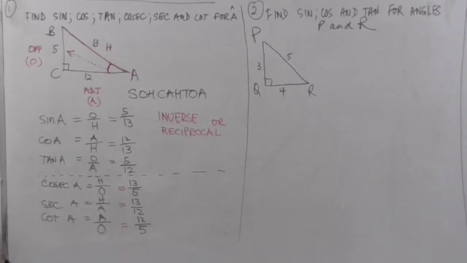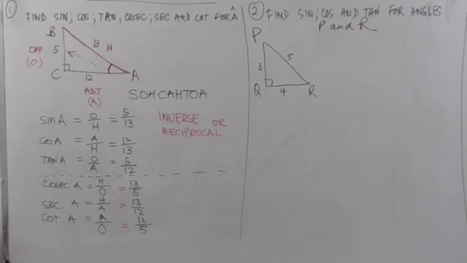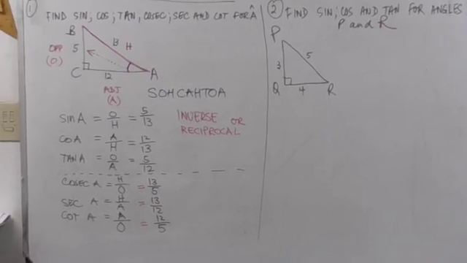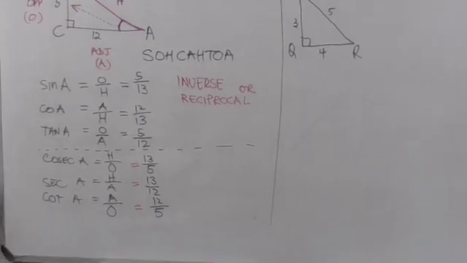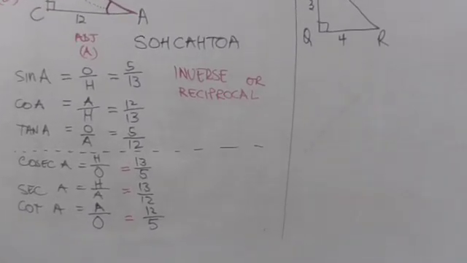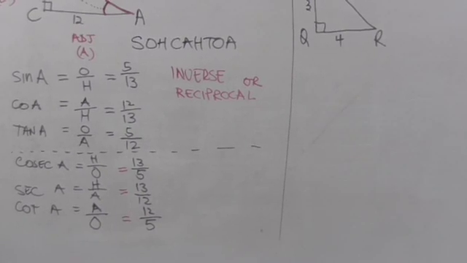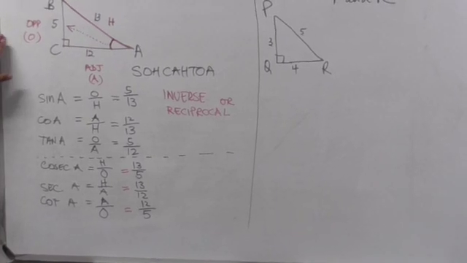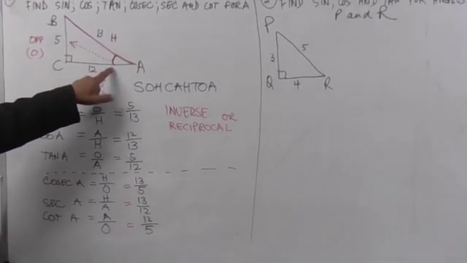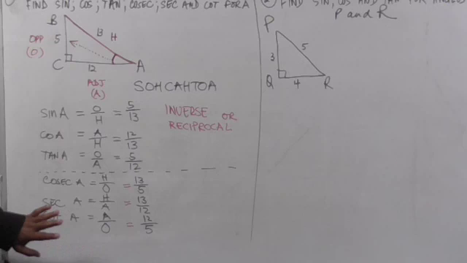Now we're going to move on to number 2. We're going to give you a few seconds to have a look at that. Now a little note about number 1. In number 1 they only asked you to look from one angle, so it was very easy.